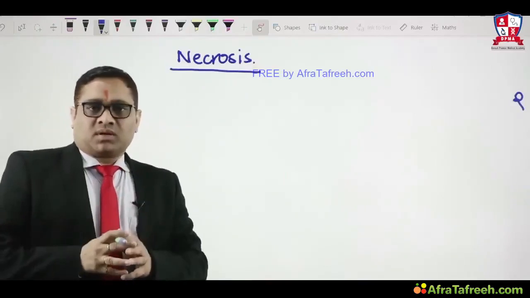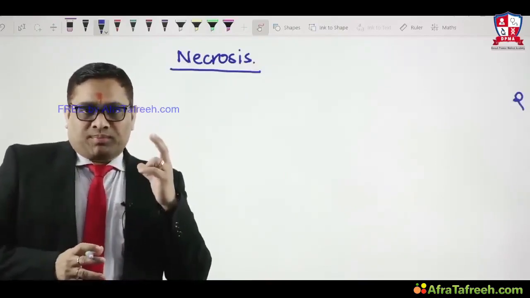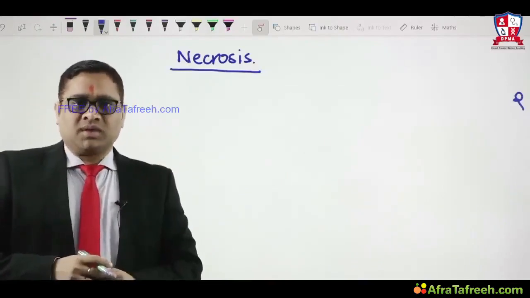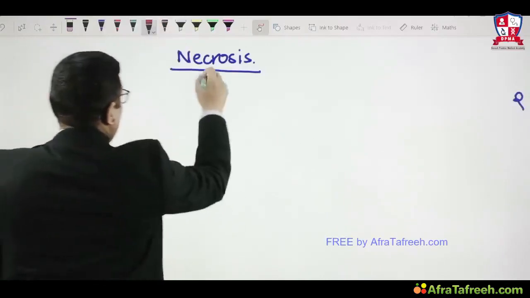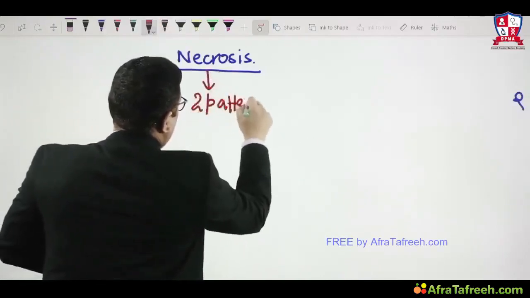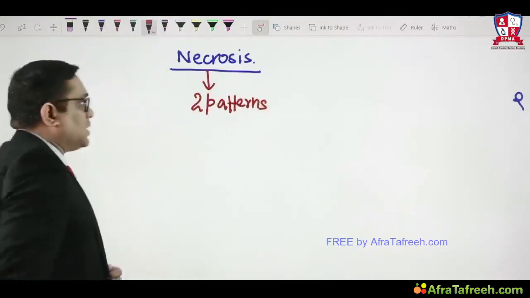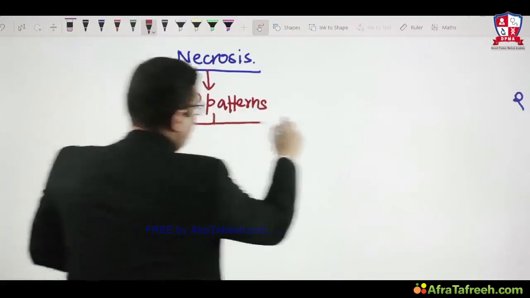In necrosis, what we need to understand is that there are two patterns of necrosis in any cell after cell death. Always remember there are two patterns. What are these two patterns?